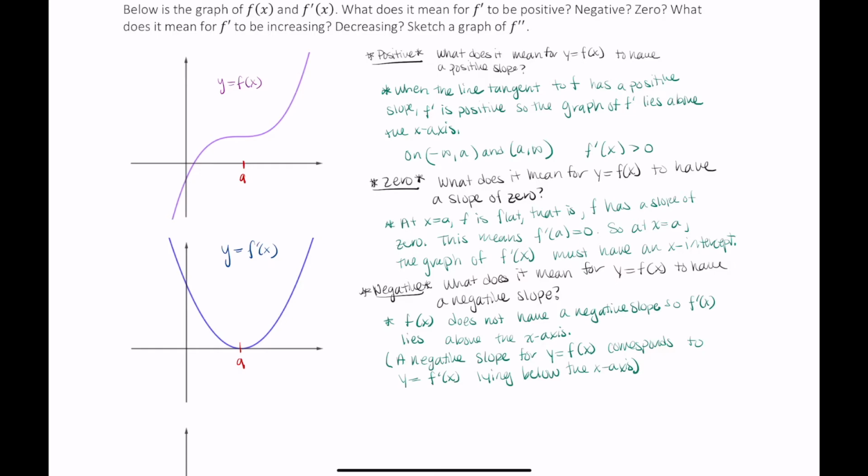Okay, so now let's discuss what it means when this first derivative is decreasing, or increasing, or 0, and use that to sketch a graph of our second derivative.